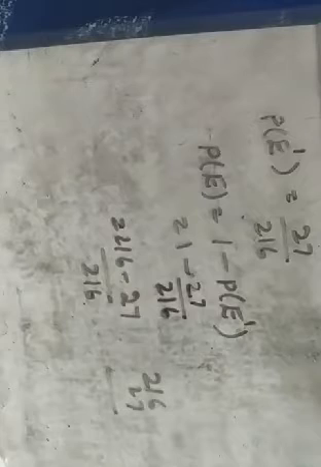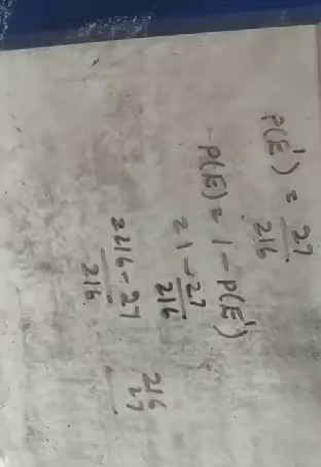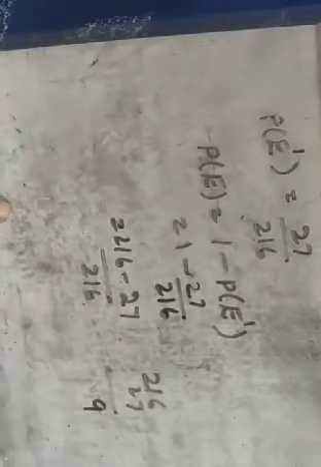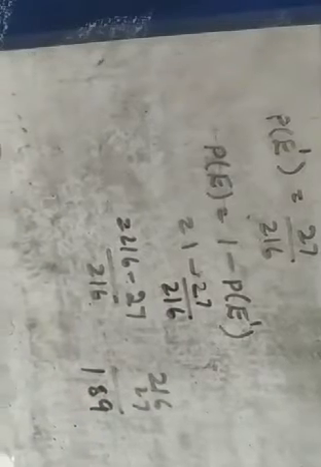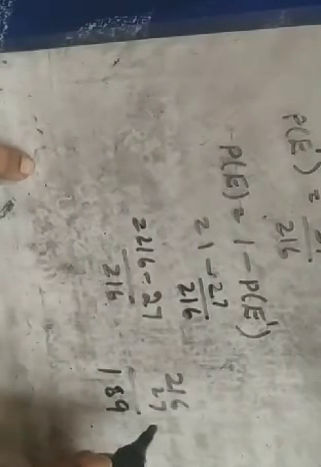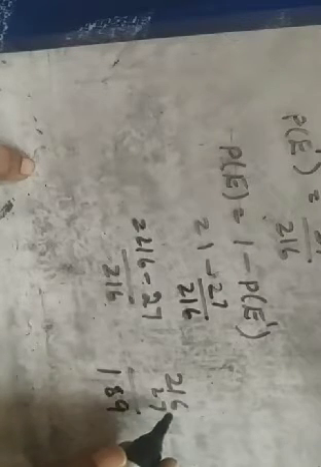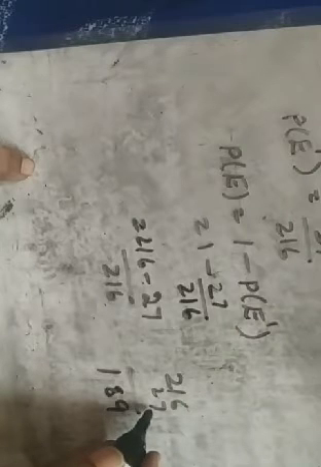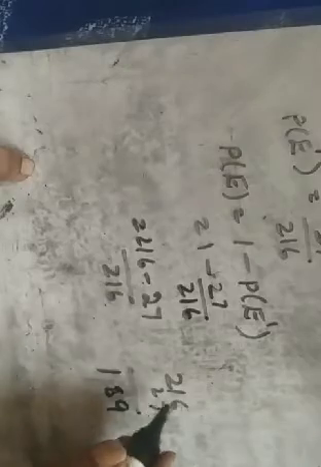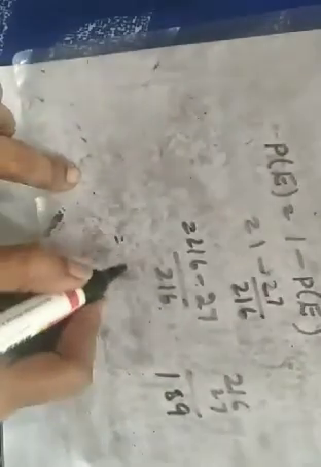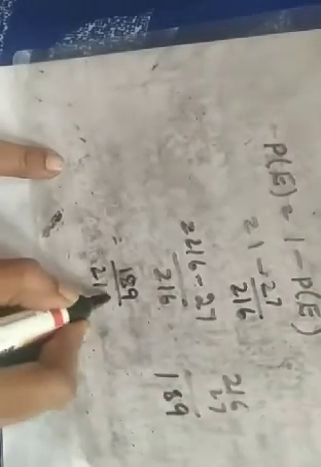So 16 minus 7, that gives 189 divided by 216.